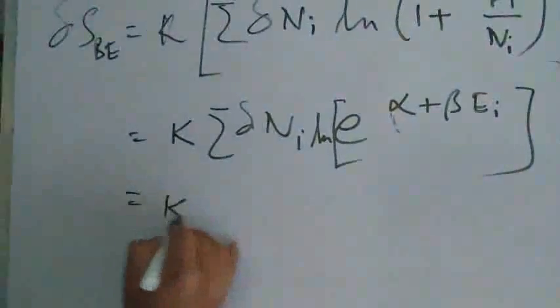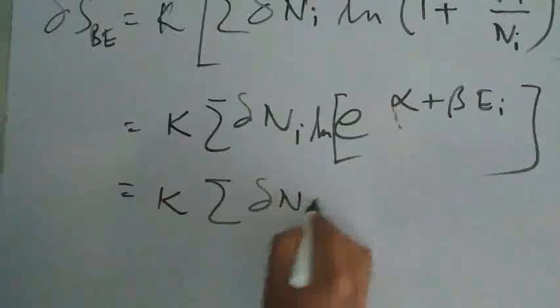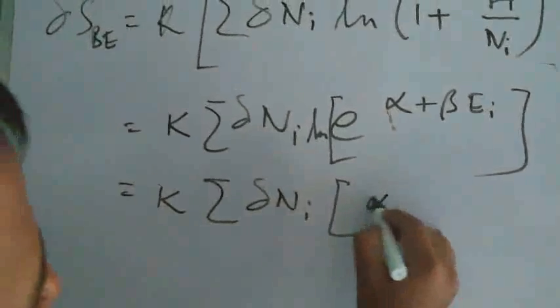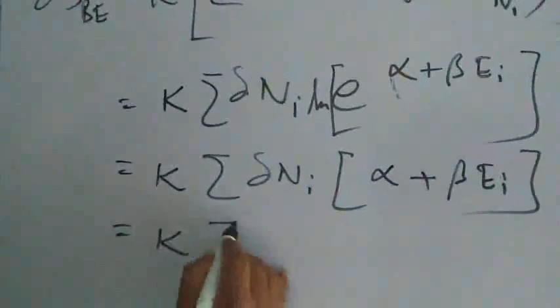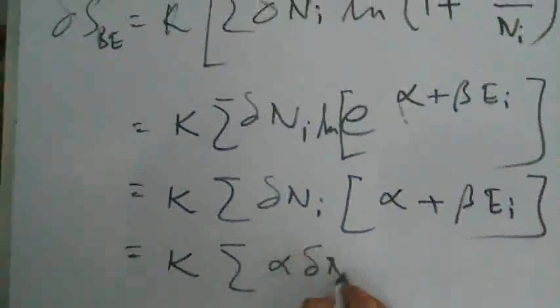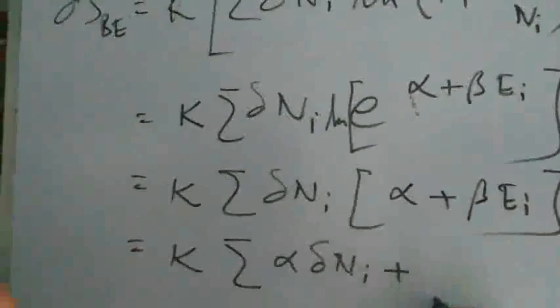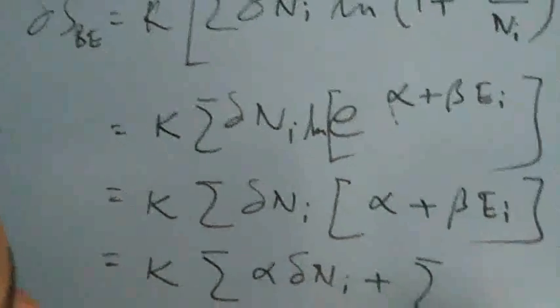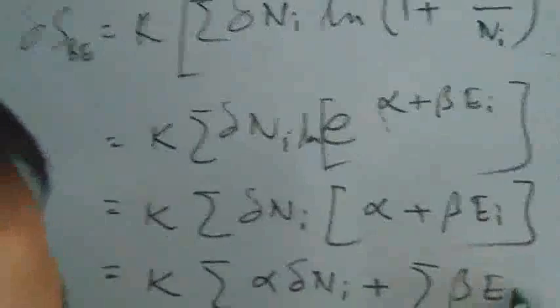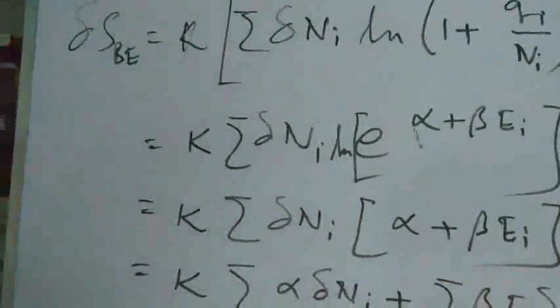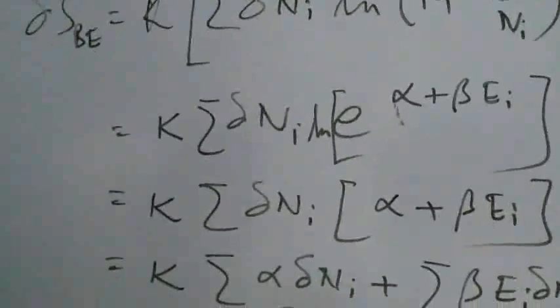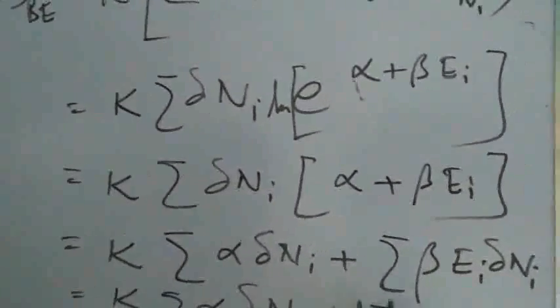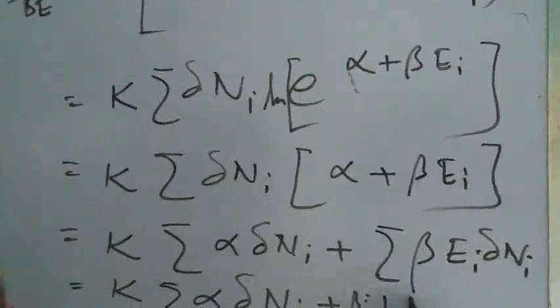That equals K times the sum of (alpha plus beta Ei) delta ni, that is K times alpha sum delta ni plus beta sum Ei delta ni. This equals K times alpha delta N plus beta delta U.